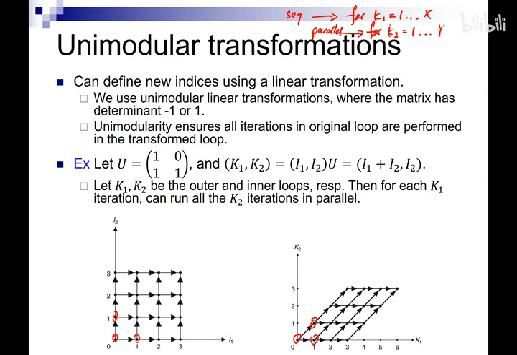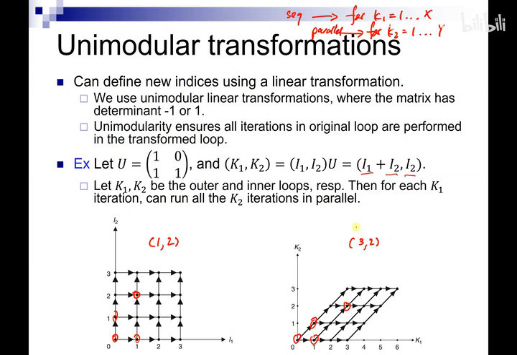Whenever you have an I1, I2 iteration, it is mapped onto a K1, K2 iteration. And what is that K1, K2 iteration? It's I1 plus I2, and then I2. For example, this iteration over here has a corresponding iteration among the k iterations. You take iteration 1, 2 in the I space and map it to 3, 2 in the k space.